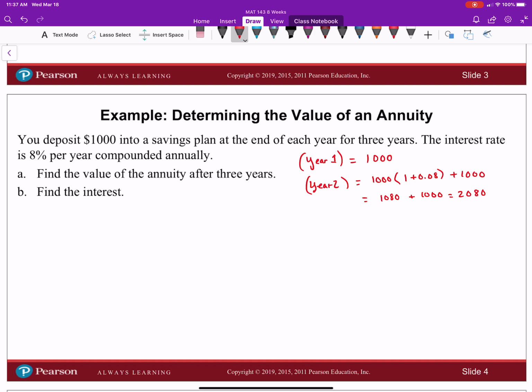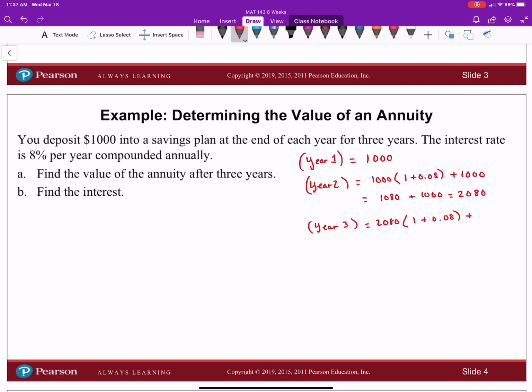So year three, we know that we have to use what we have, which is the $2,080. Then we use the future value formula again. We do 1 plus 0.08, because that's 8%.